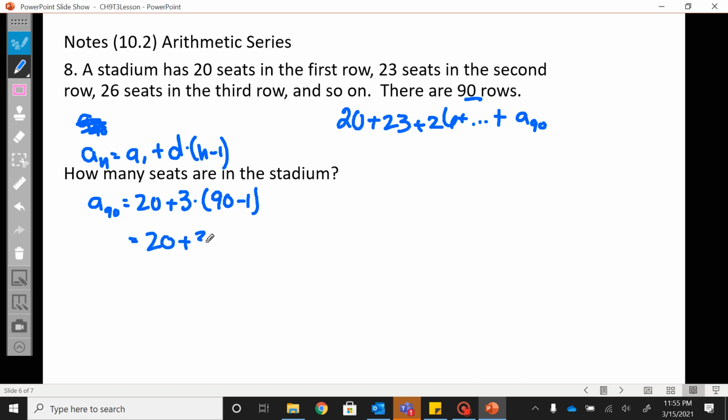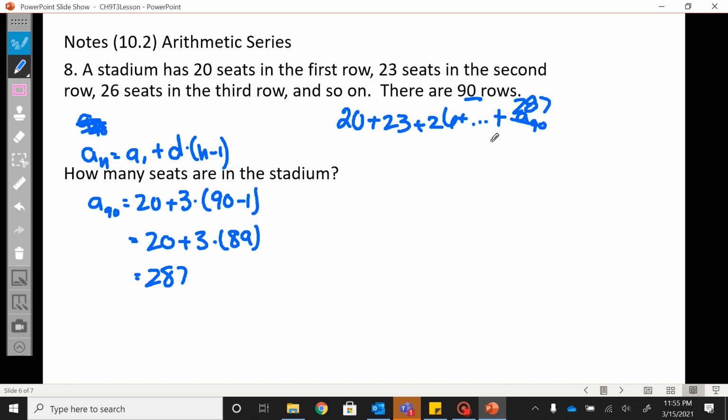So 20 plus 3 times 89. So 3 times 89 is 267, plus 20 is 287. So this number at the very end here is 287.